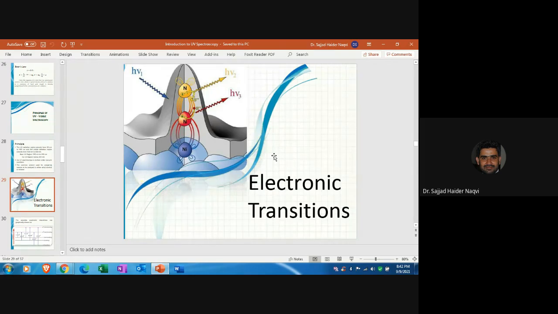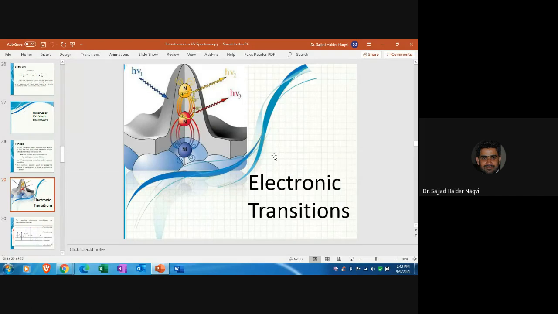When you provide energy, the electrons in the outermost shell are the first ones to absorb that energy. And once they absorb the energy, they will be raised to a higher energy level, what we call the excited state. If you carry on providing that energy, they will absorb more energy and will jump to an even higher state.